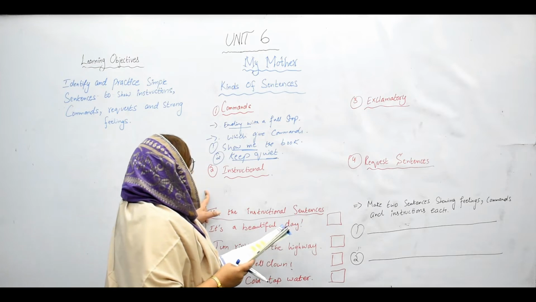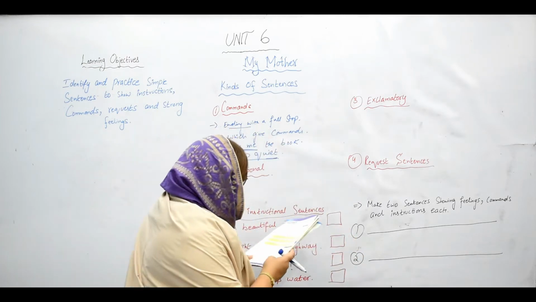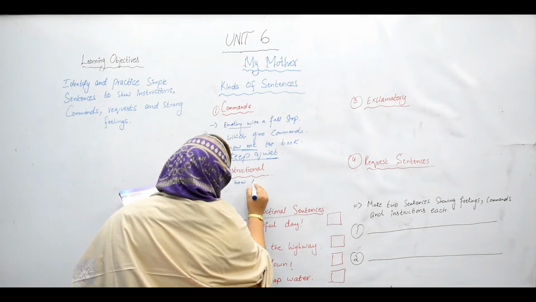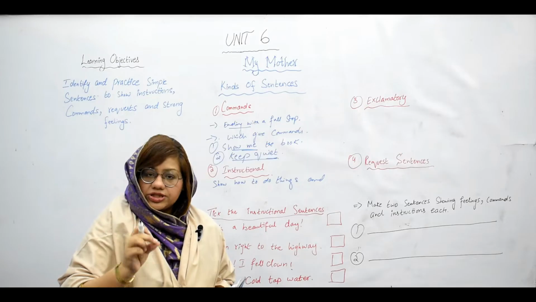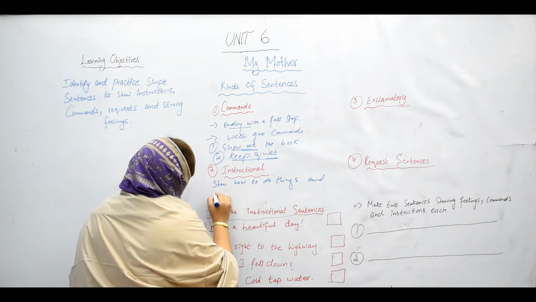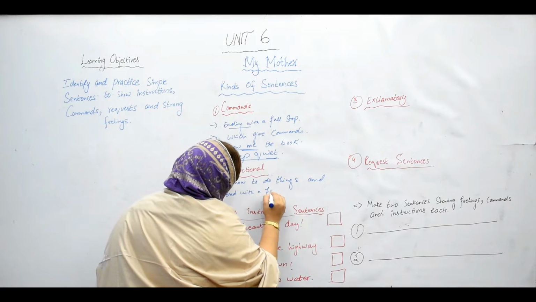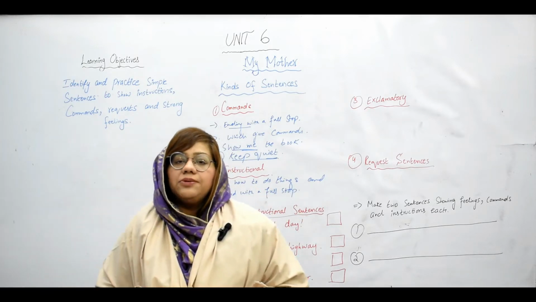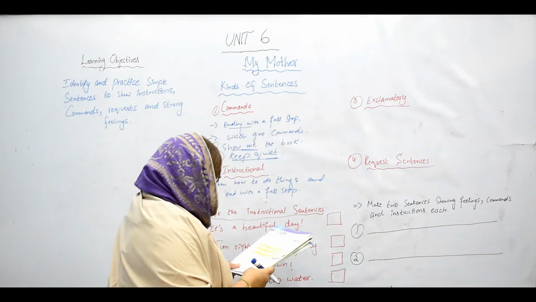Now move to instructional sentences. Instructional sentences show how to do things, and they also end with a full stop. I am giving you some examples which show the instructional form.